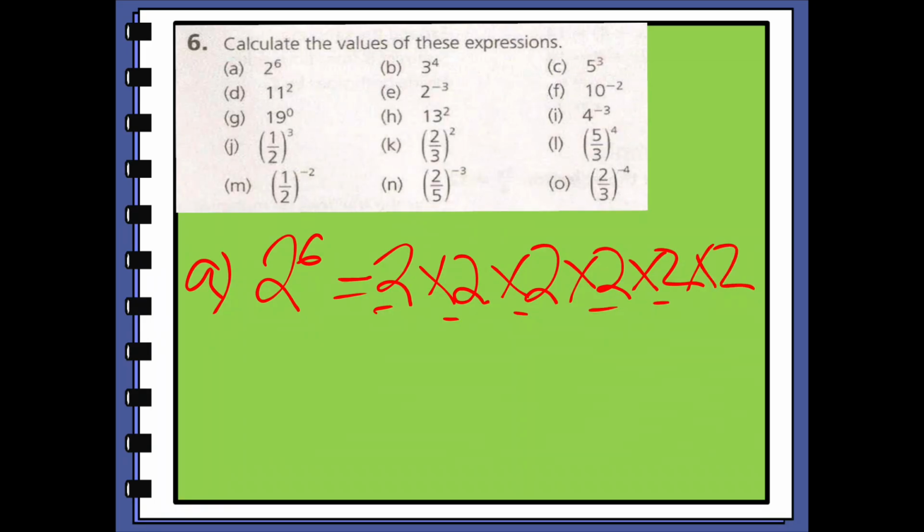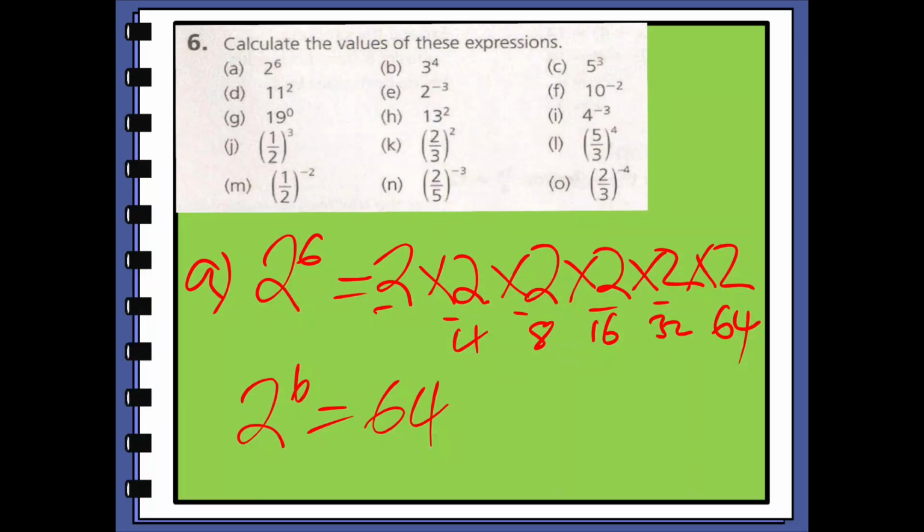So 2 times 2, that gives us 4. 4 times 2, that is 8. 8 times 2, that should give us 16. 16 times 2, that should give us 32. 32 times 2, that should give us 64. Therefore 2 power 6 is equal to 64. So you can do b and c and d.